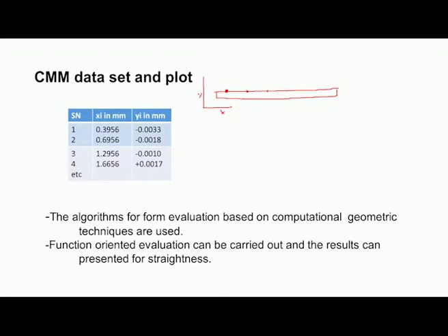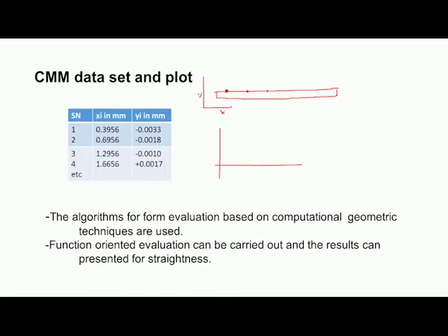So, x and y it will give like this. For different points it will give the xi values and yi values, and now these values are given to the computer for processing, and finally it will tell us what is the error.